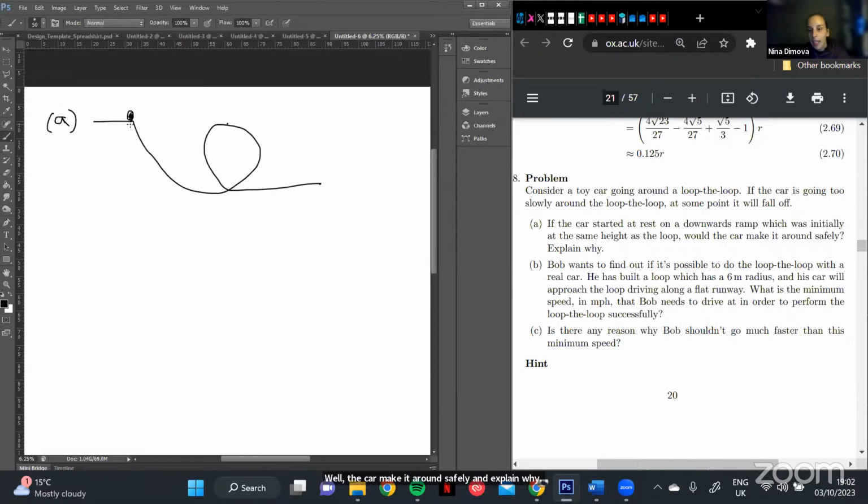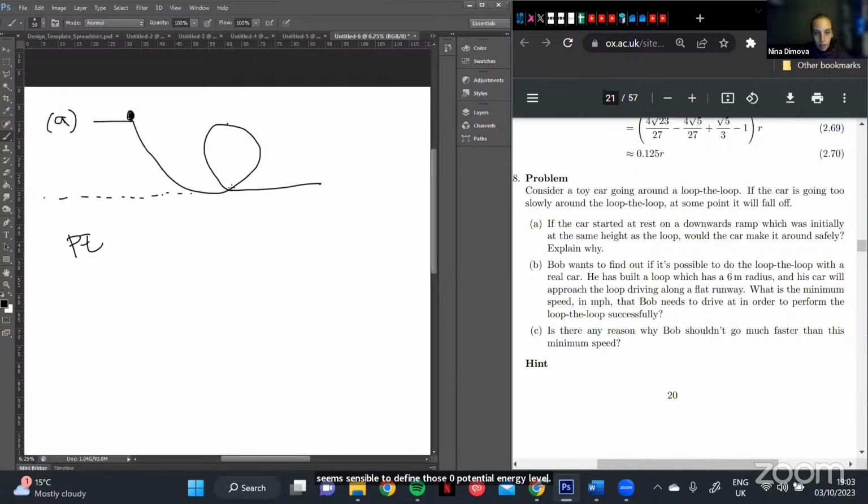In this sub question, you're not given any numbers or parameters, so you're expected to give a general comment on what the situation looks like. The car starting from here has some potential energy because it's above where it seems sensible to define the zero potential energy level.